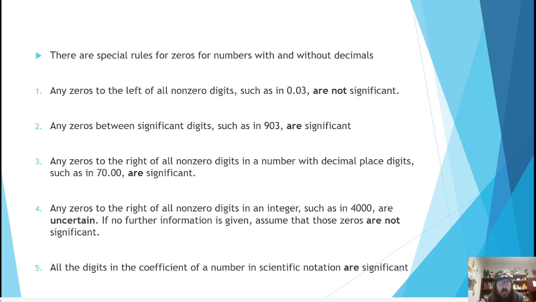Any zero to the left of a non-zero digit, for example, is not significant. So in this case, 0.003, the 2 zeros just tell us the 3 is known at the thousandth place, but those other 2 digits are not useful.